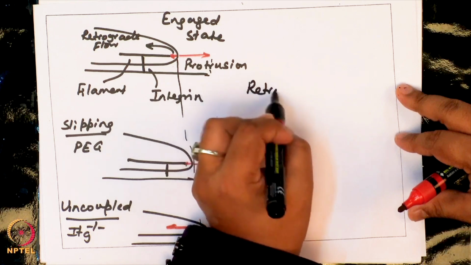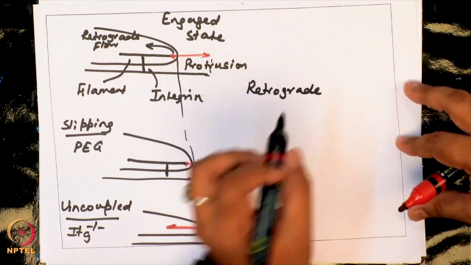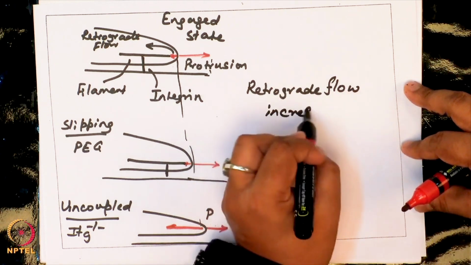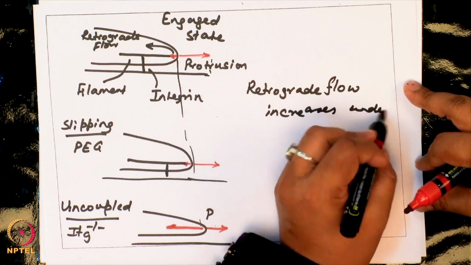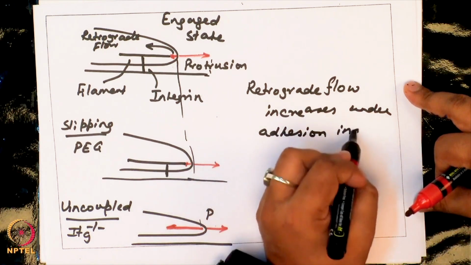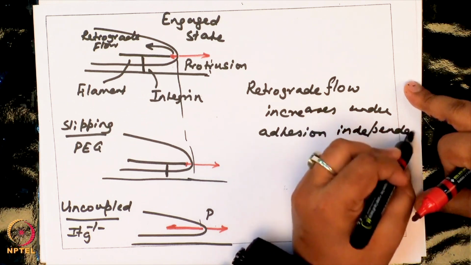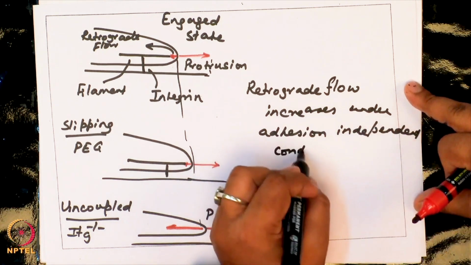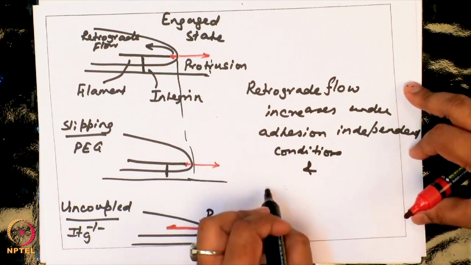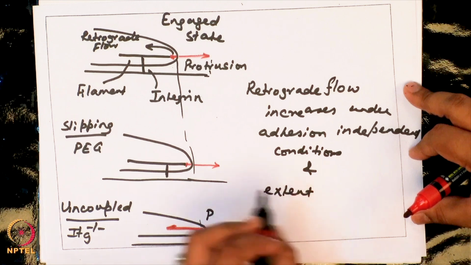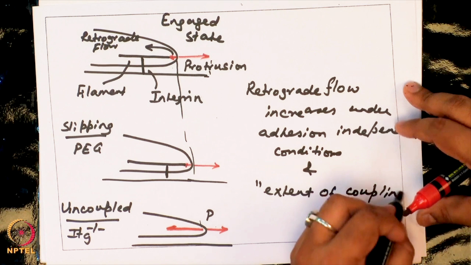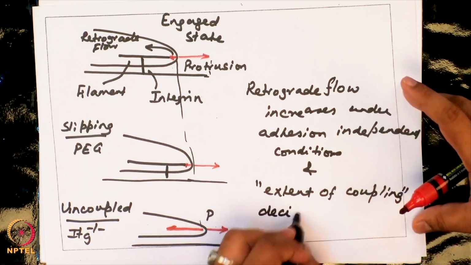So, retrograde flow increases under uncoupled conditions, and it is set by the extent of coupling.